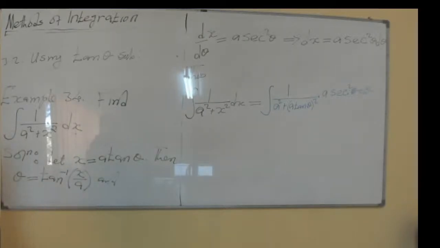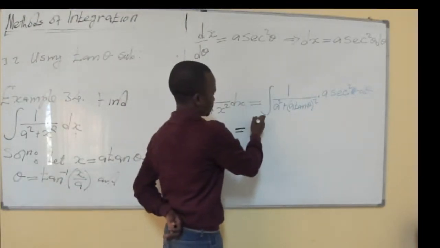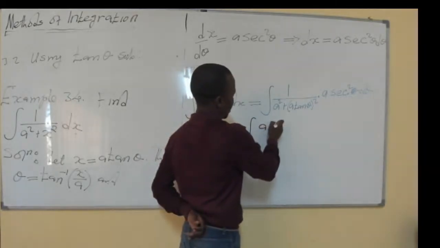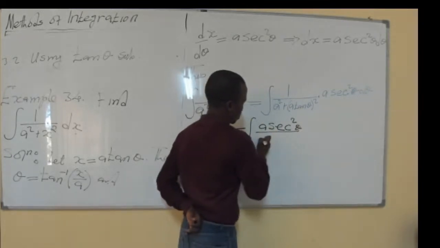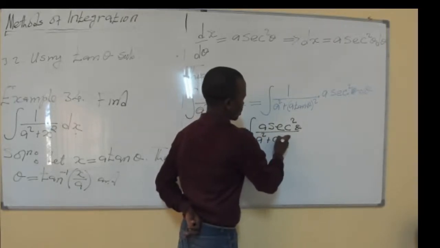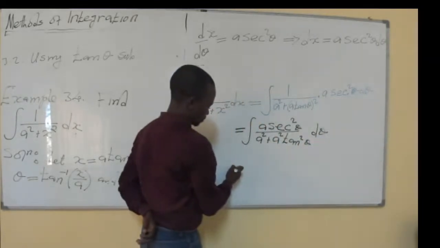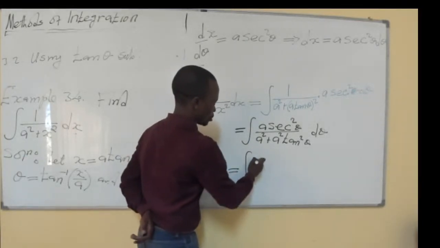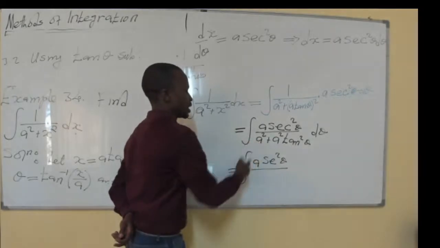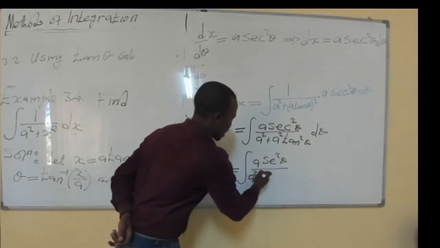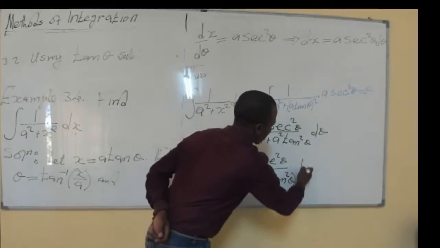Hence, this is just the same as the integral of a sec squared of theta over a squared plus a squared times the tan squared of theta d theta, which will give us the integral of a sec squared of theta over, since a squared is common, a squared outside, 1 plus the tan squared of theta d theta.